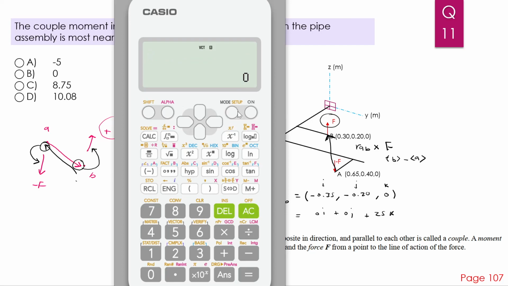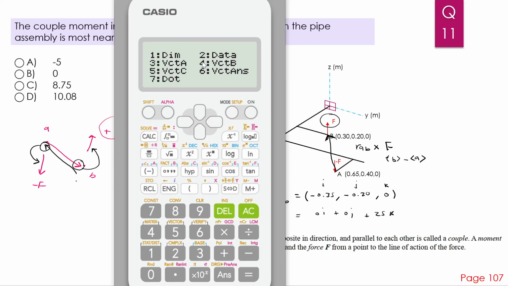For vector A, it's I, J, and K, so it's number 1. So we have negative 0.35, negative 0.2, and 0. Then you press AC, and we go again to the next vector, so shift, number 5.